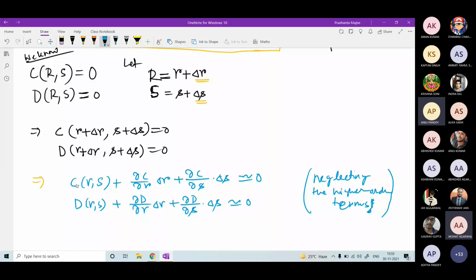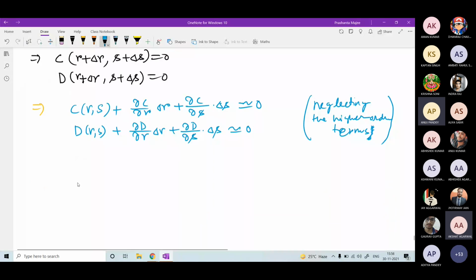That also will be an approximated factor, but it will improve your initial assumption. Your initial approximated factor was x square plus small r into x plus small s. Now after the first iteration, your approximated factor will be x square plus r plus delta r into x plus s plus delta s.